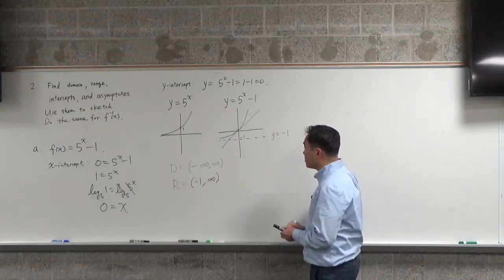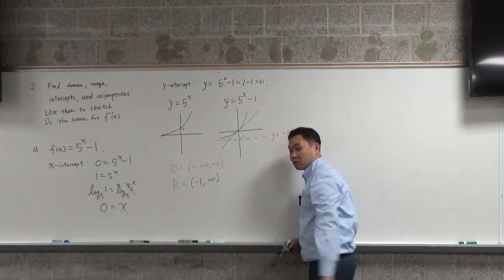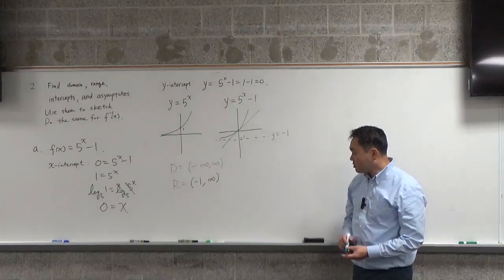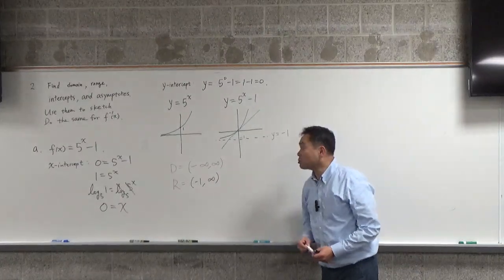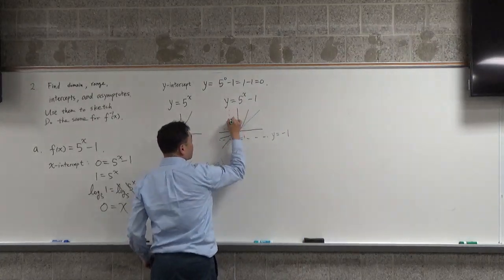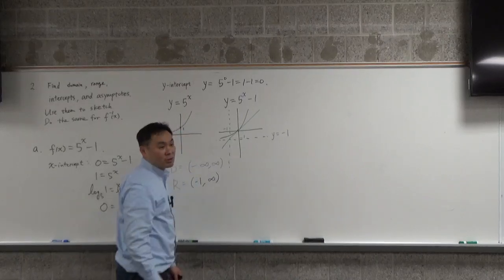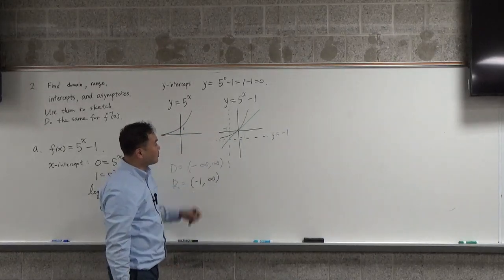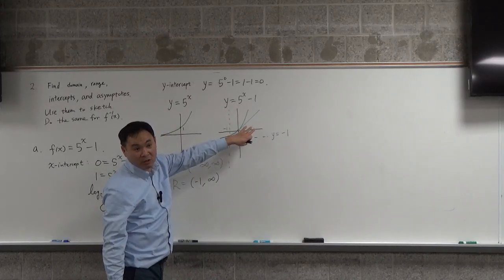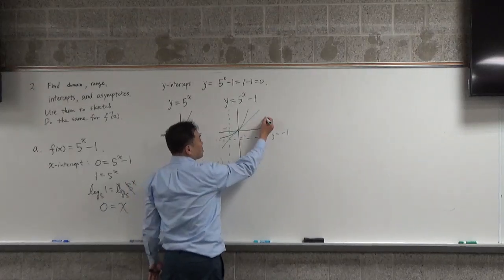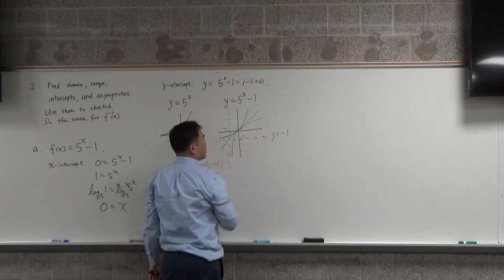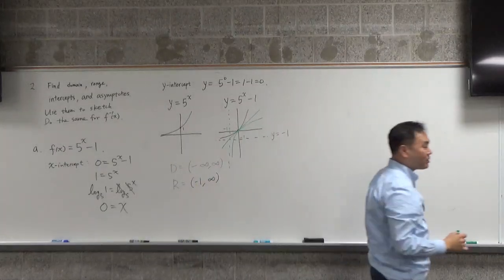And what you're doing is you're flipping this part over the diagonal, right? If you do that, what happens is that the horizontal asymptote becomes the vertical asymptote. So here's -1, and you have this as your vertical asymptote. And what's on this side, when you flip it over, it will be a graph on the other side, right? So the graph that you get on the other side will look like that.